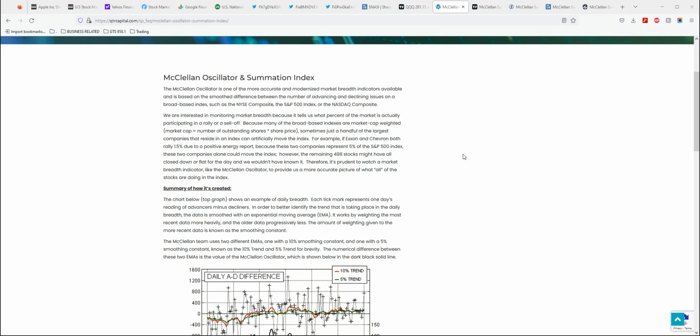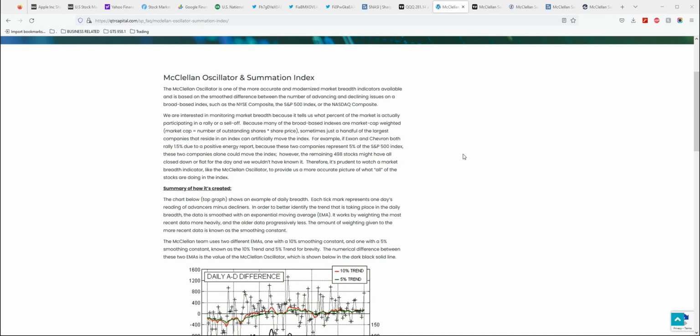It's interesting to note that the S&P, NASDAQ, and all the other broad-based indexes are cap weighted, meaning that stocks with bigger market caps have a greater effect on the index's price direction.